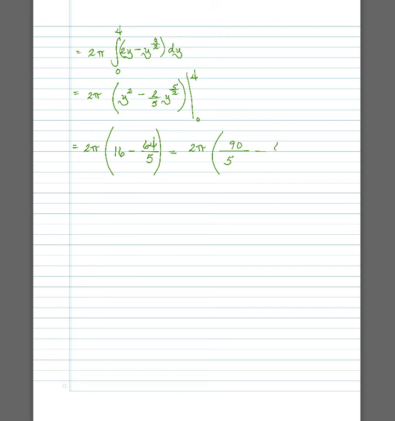And then 64 over 5. 90 minus 64 is 6 plus 20, so 26 over 5 times 2 pi.